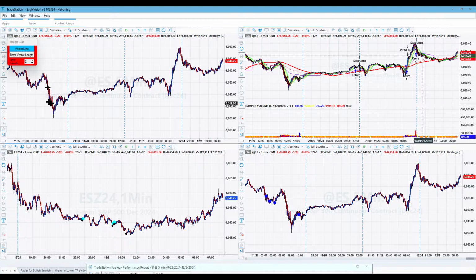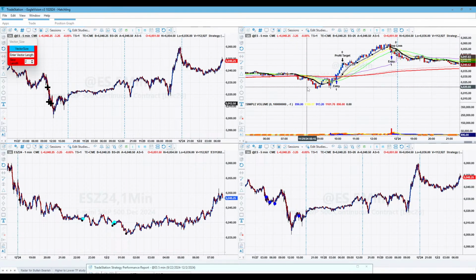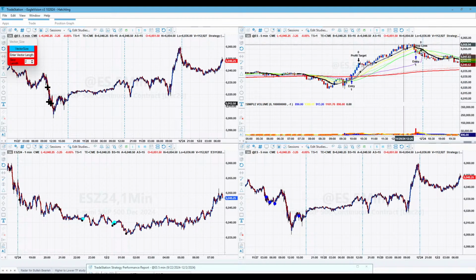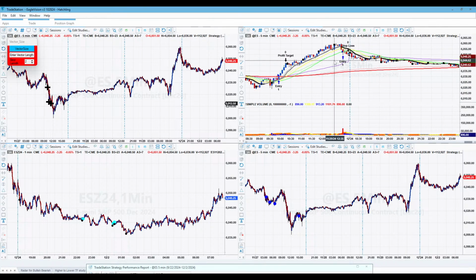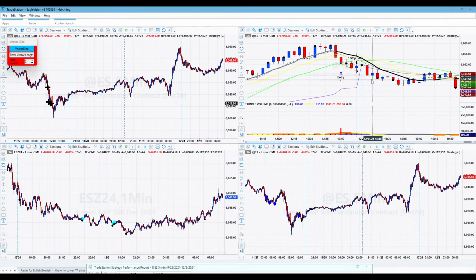But this one here, I've got to figure out something different for the sessions, because this one here, this is at 12 o'clock, 1 o'clock. I think this one, I thought this one exited the position when the market opened up again.